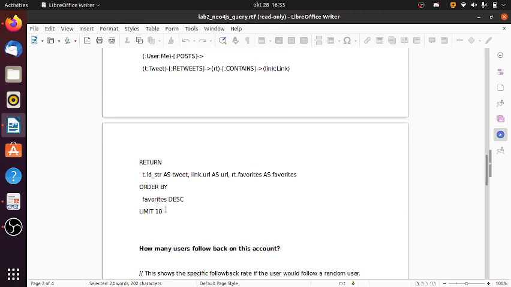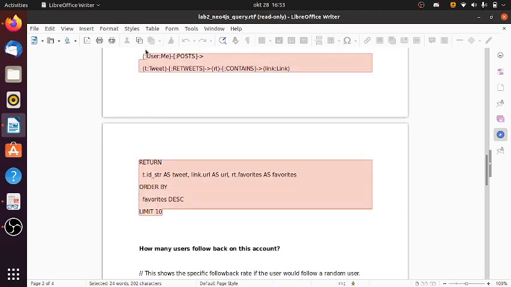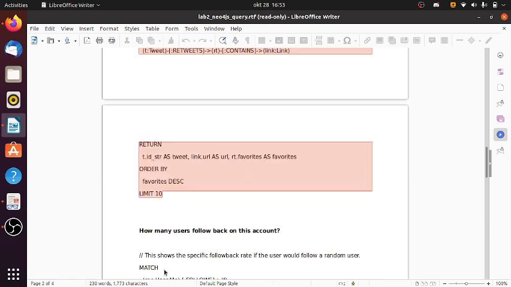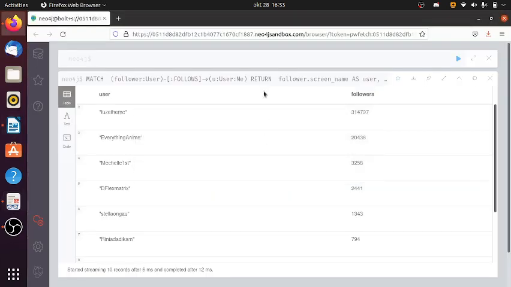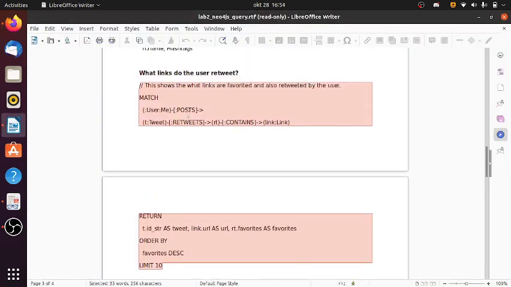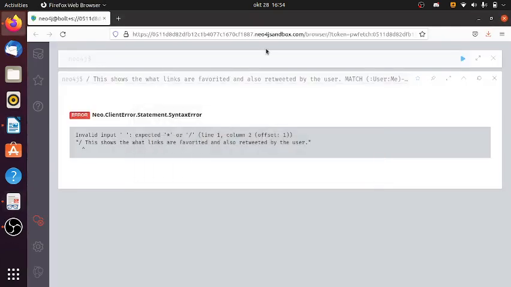Show that it works. We chose the limit 10 here also, but in this user's case he had only mentioned, let us see, okay, let us test that again.